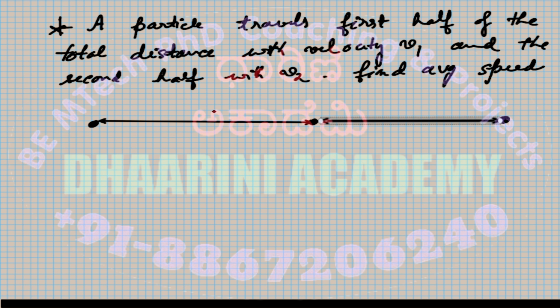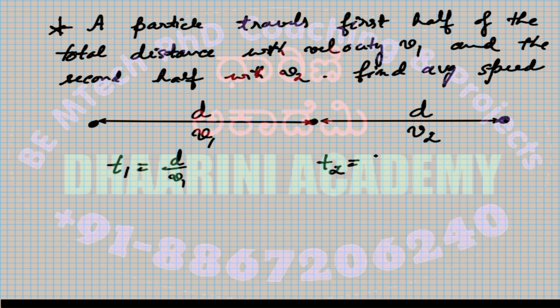Let us say the distance, it's half of the total distance. Total distance is 2d, then this is d, this is also d. Now I want to calculate the time, right? What is the time taken for the first travel of d distance is, sorry, distance by velocity. This is d by v1, and the time taken for the second half, t2, is equal to the same distance d but by v2.